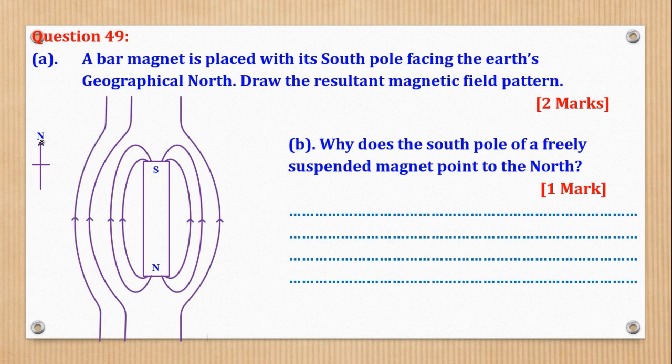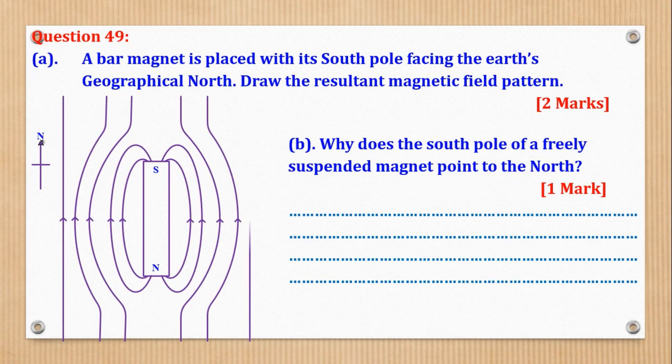But as we go away from the magnet, the curvature reduces until it is straight. So we have two neutral points, this and this. So that's what they wanted in Part A.